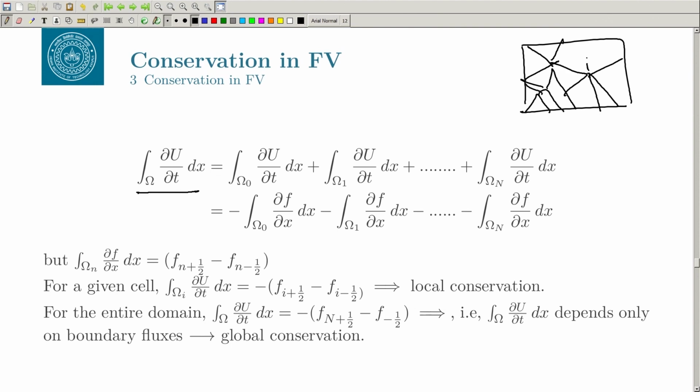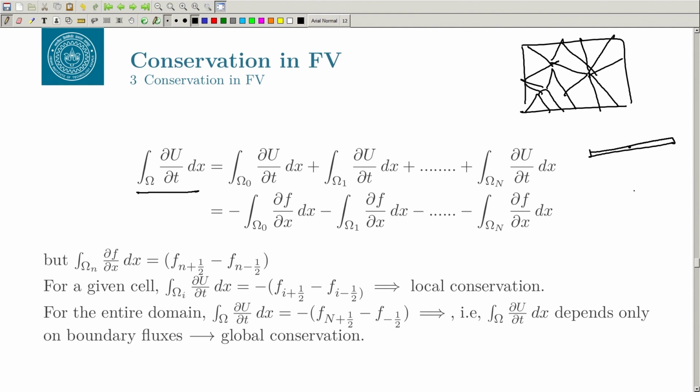Of course, there are considerations that your grid should not have a very high aspect ratio. Let us say this is your cell, and the cell center is defined here.